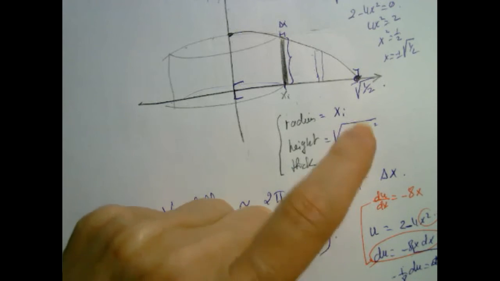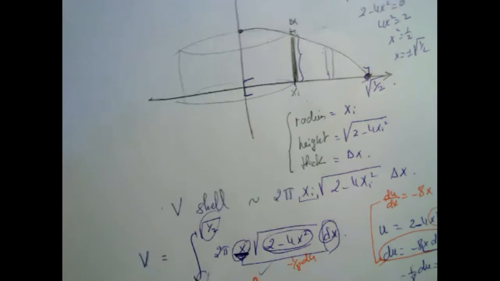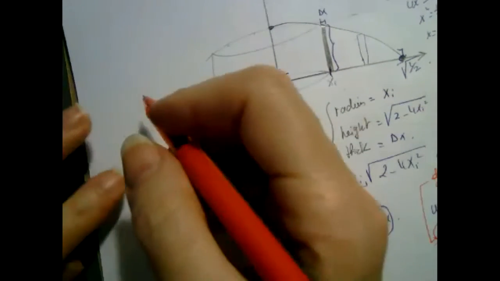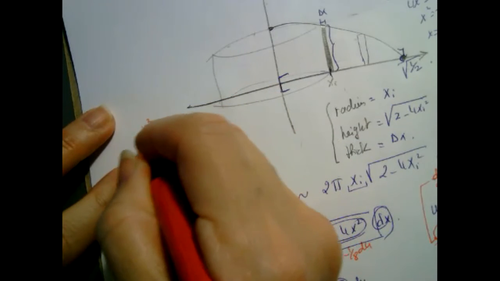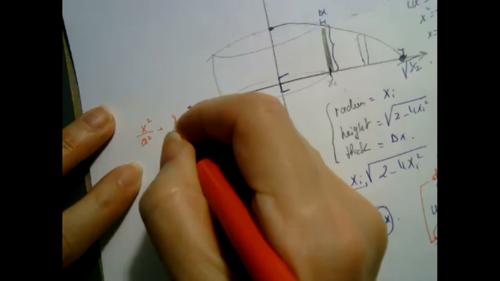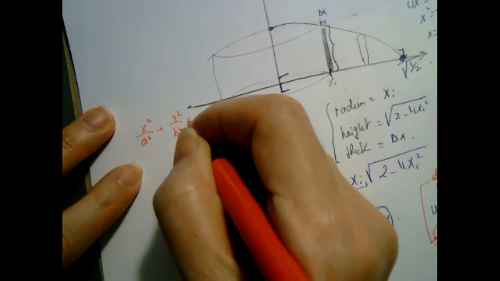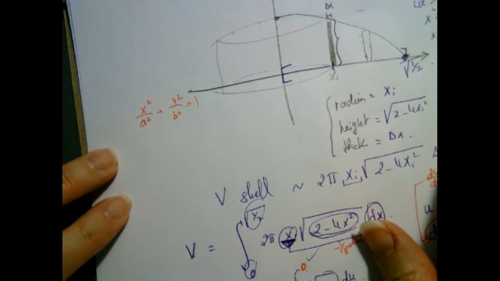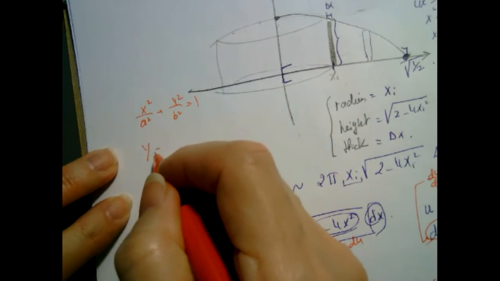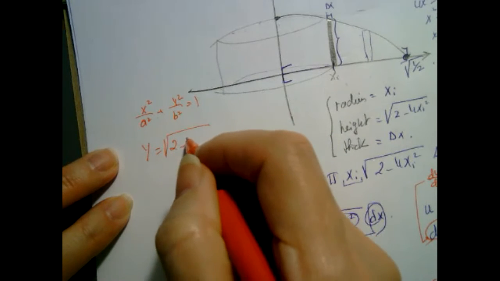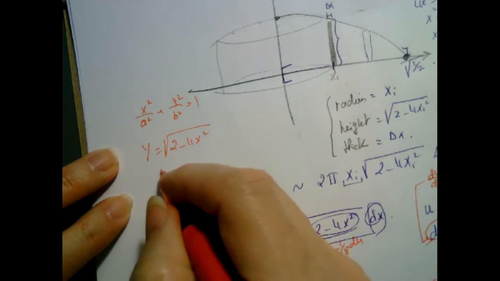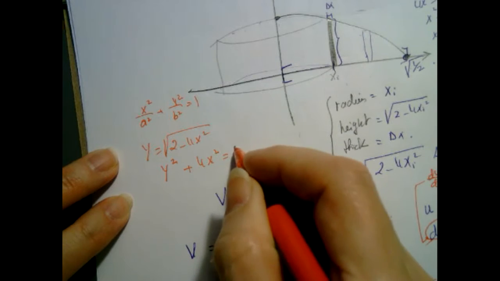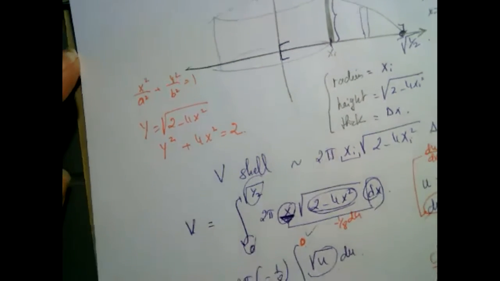Okay, and this is basically an ellipse, and I'll tell you why it is an ellipse. I don't know if you remember the equation of the ellipse. It's x squared plus y squared over b squared. Maybe not. So when I have the square root of this, I square both sides, and I will get that equal to 2.